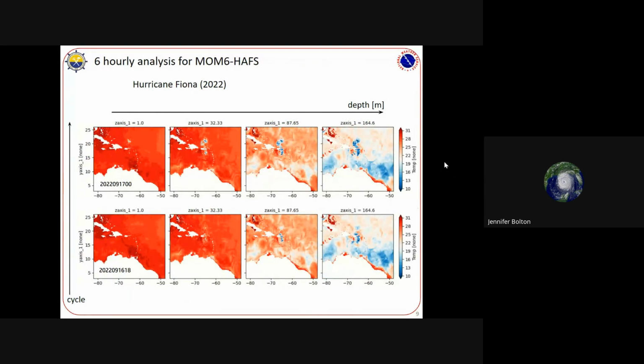Okay, almost done. I'm looking at the same simulations, but it's a Hurricane Fiona case. Again, this is a 6-hour analysis. We are looking at the water temperature at different levels, and from left to right, it goes down to deep, with consecutive cycles from bottom to up.